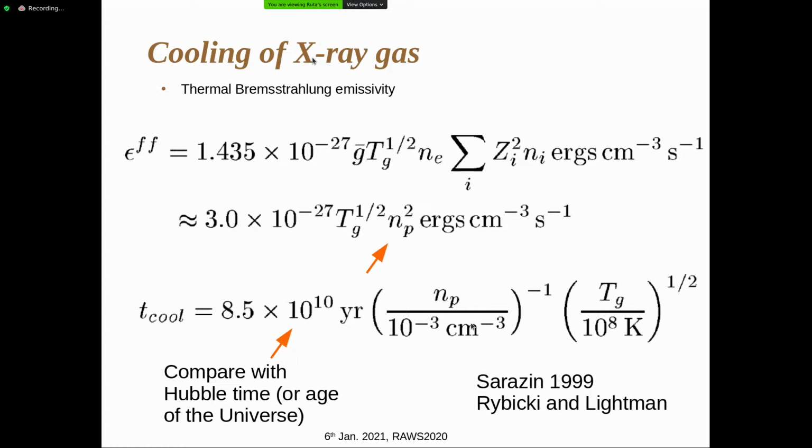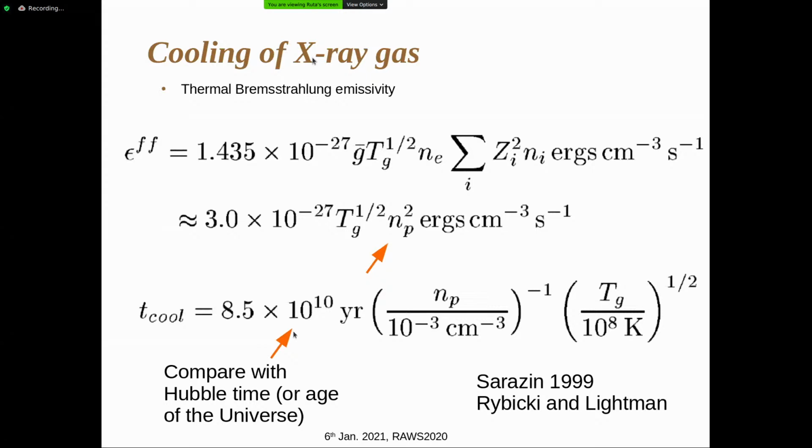If you consider typical cluster temperature and density, the time scale comes out to be of the order of a few giga-years. So this is a very long time scale, and thus this plasma is unlikely to cool very fast. However, it is shorter than the time scale of the universe.